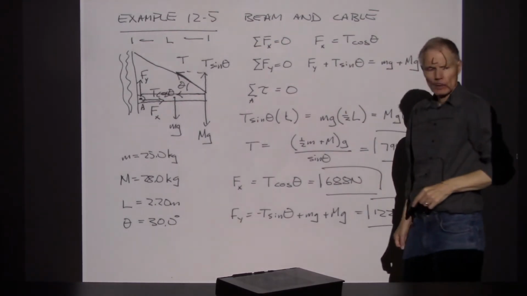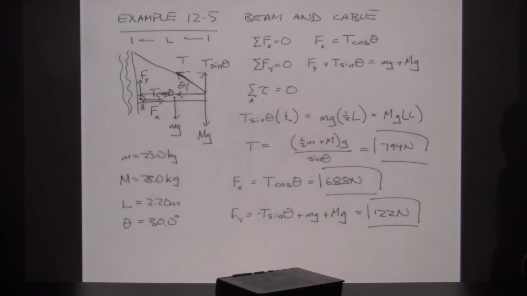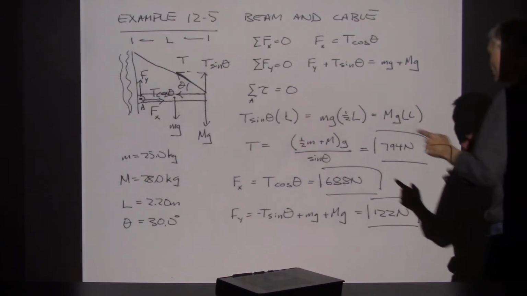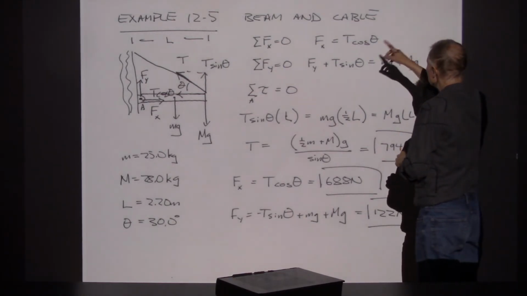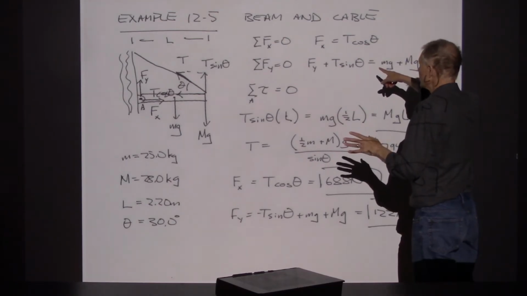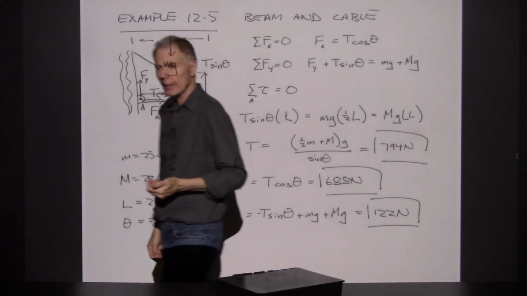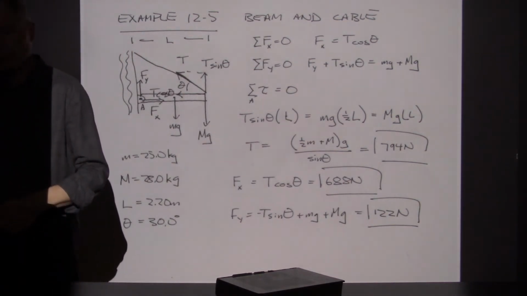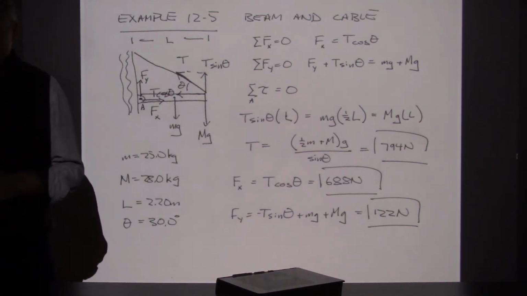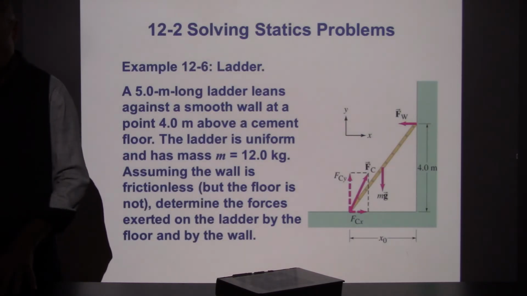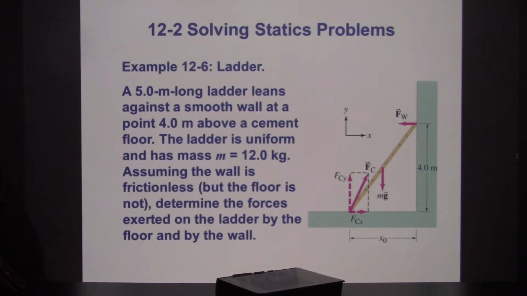So Fy was also calculable, and that's 122 newtons. At this point, we could plug the numbers back into the force formulas and verify that all the numbers check out. We didn't use any more torque equations. We only used that one torque positioning.